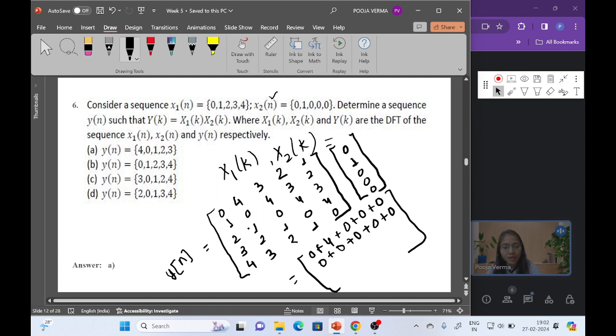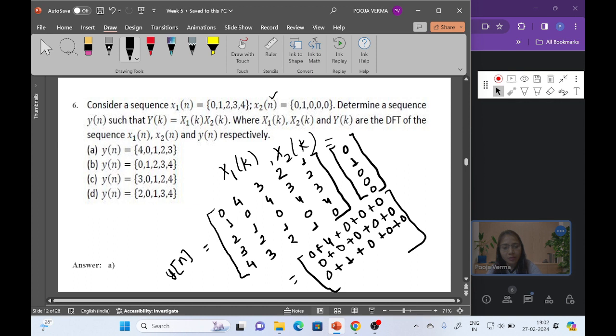Similarly, multiply the third row with this column: 0 plus 1 plus 0 into 0 is 0, 4 into 0 is 0, and 3 into 0 is 0.